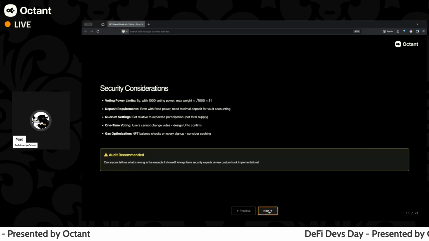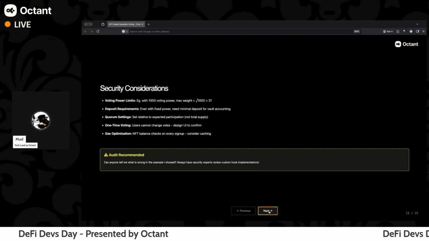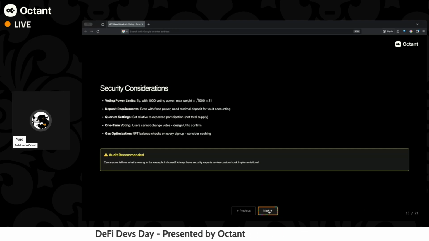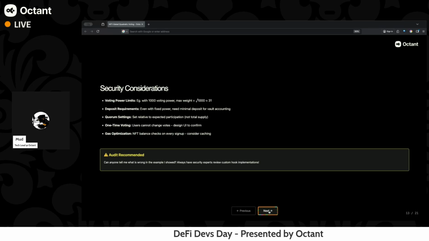The security considerations still mean that you have a lot of power to do things in the system, but you need to be very careful about the balance that you strike, especially for voting, because there's nuances that you have to consider that might not be smart contract security Solidity bugs, but game theory bugs.